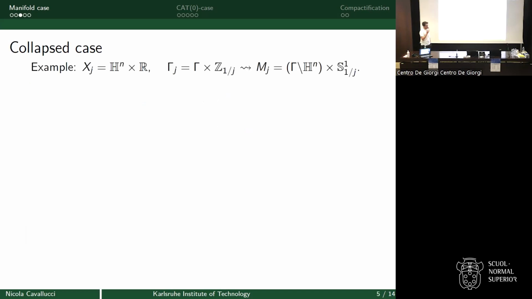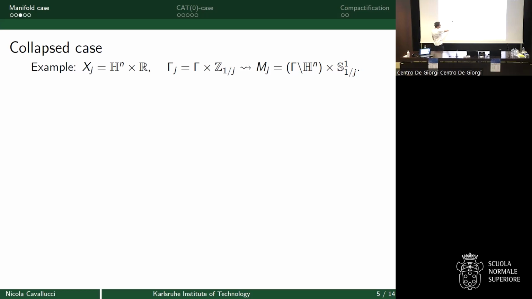Now, what is the prototypical example we should have in mind of a collapsed case? I took the hyperbolic space H^n times R, but you can take whatever you want. Just for simplicity, we take the hyperbolic space. And as a group, we take a fixed fundamental group of a hyperbolic manifold times a group of translations acting by translation of length 1 over j on the R factor.